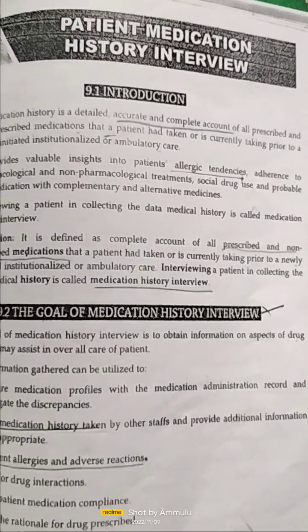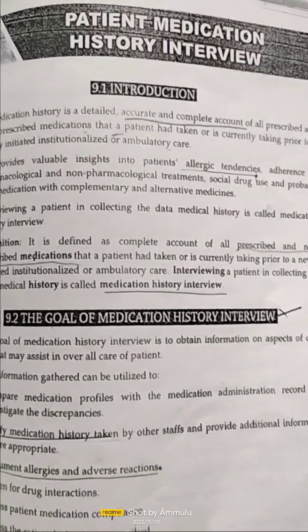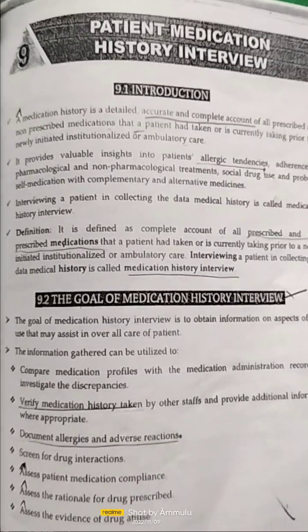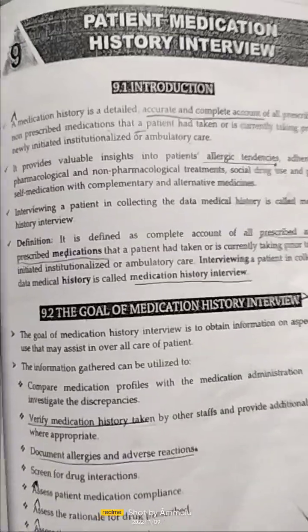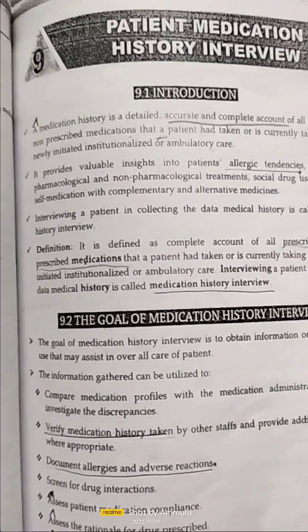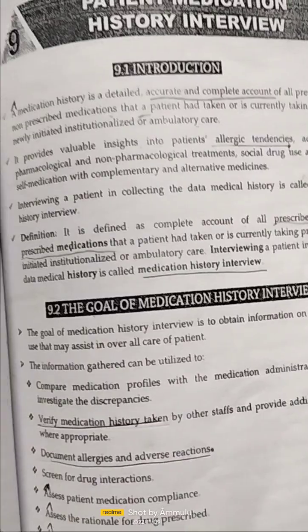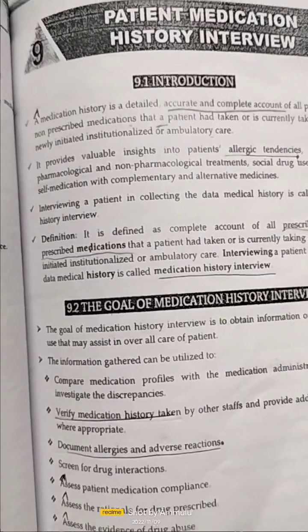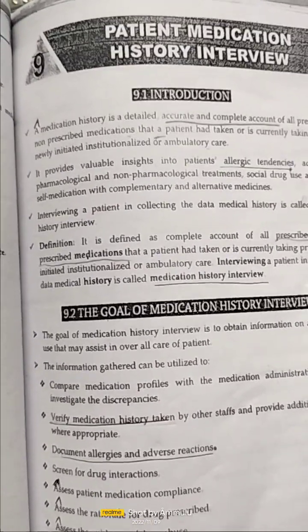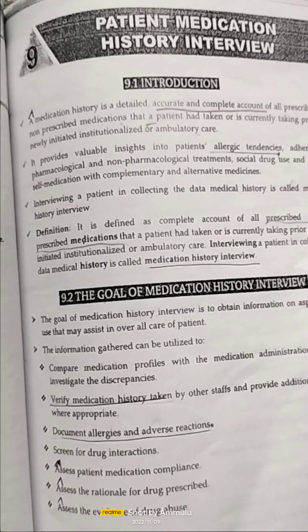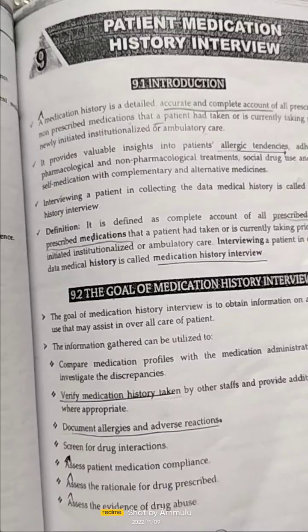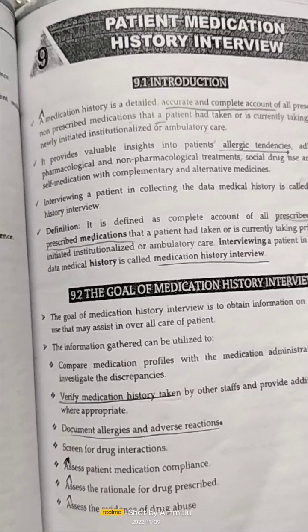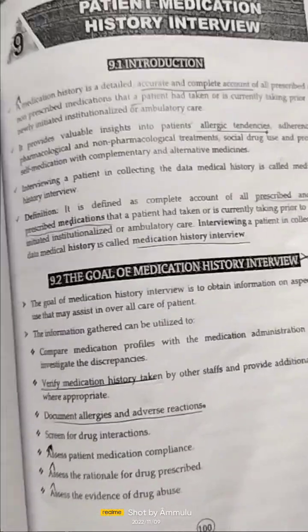Today's topic is patient medication history review. A medication history is a detailed and accurate, complete account of all prescribed and non-prescribed medications that a patient has taken or is currently taking prior to newly initiated ambulatory care.